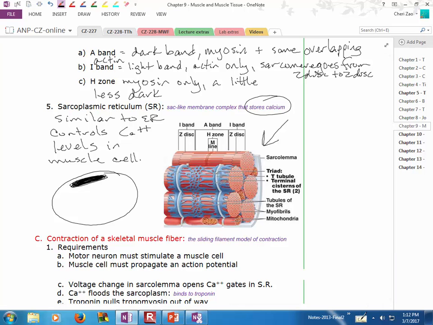It's not at this time a requirement to understand and memorize all about the triad and the T-tubule system, but this is a system that is designed to make it more accessible from the cell membrane of a muscle cell all the way down into the various nooks and crannies inside that muscle cell with the myofibrils, because we need to actually get around those myofibrils and the myofilaments by doing so.